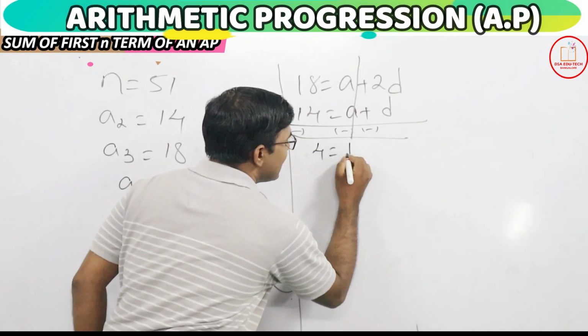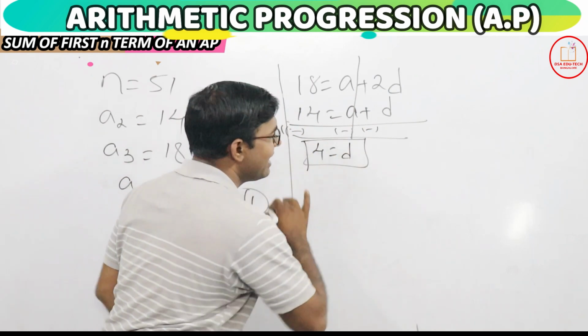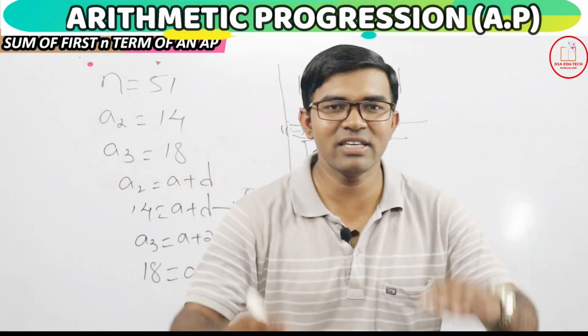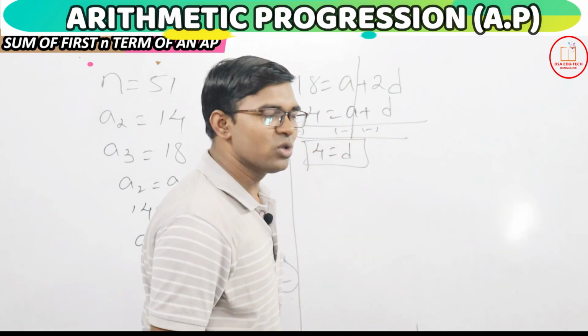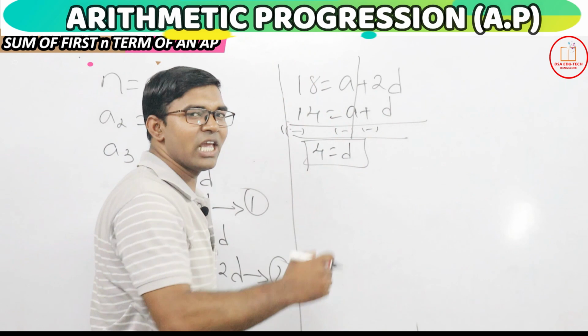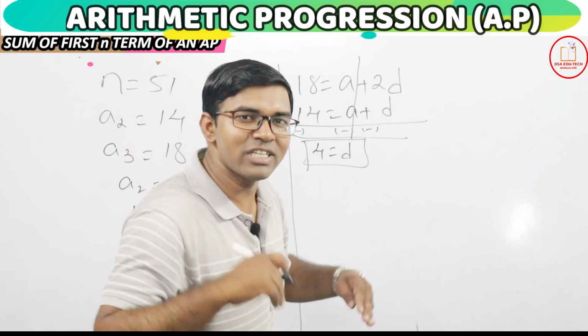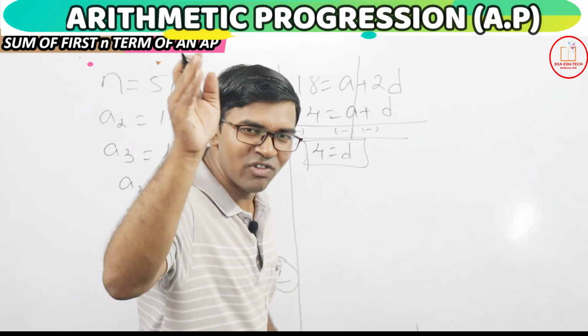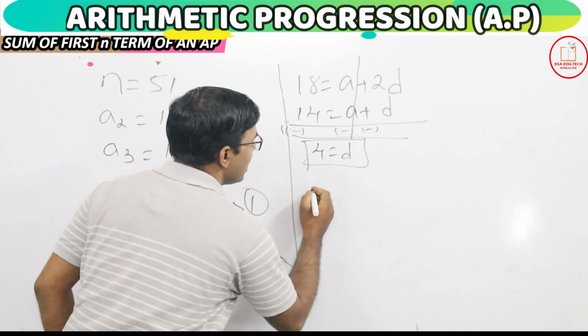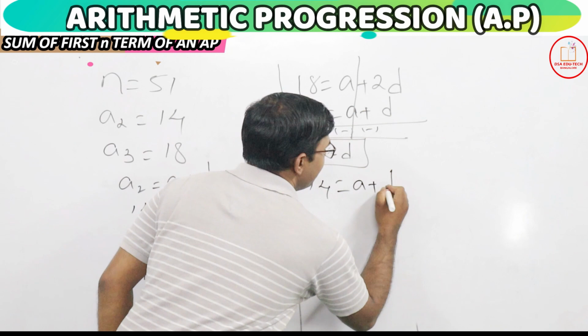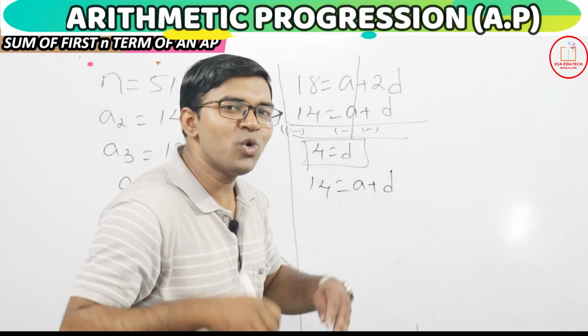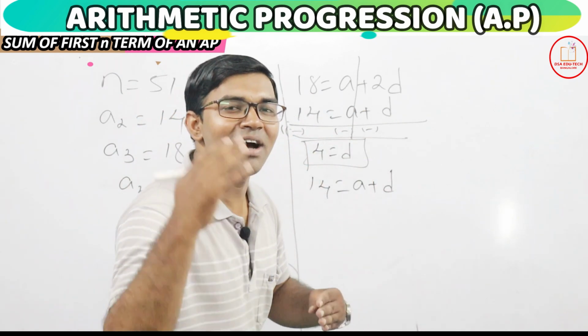So basically D. So we get the D value directly as 4, right? Now this D value I will substitute in either equation 1 or equation number 2 to get the value of A. So let me consider equation number 1, that is 14 is equal to A plus D, and substitute the value of D that I have got.